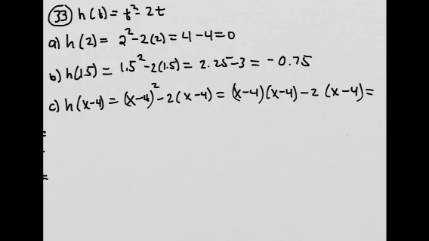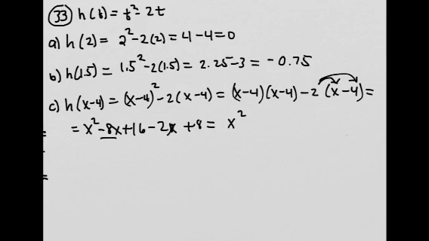So you get x squared minus 8x plus 16 minus 2x, I'm distributing the negative 2 over here. So then that's plus 8. Combining like terms, x squared is by itself. Negative 8 and negative 2 is negative 10x. And then 16 and 8 is positive 24.